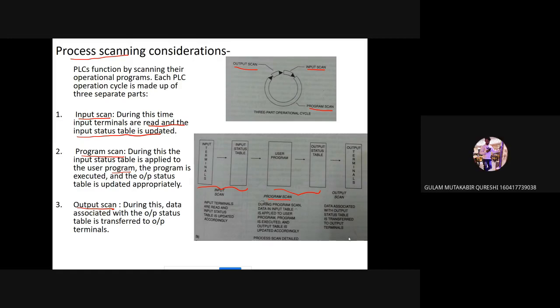In the output scan, the output data, the output status, is transferred to the output terminals. Can you give examples of output terminals? Sir, display. No. With the help of a display we can only see the result; it is not an output terminal.